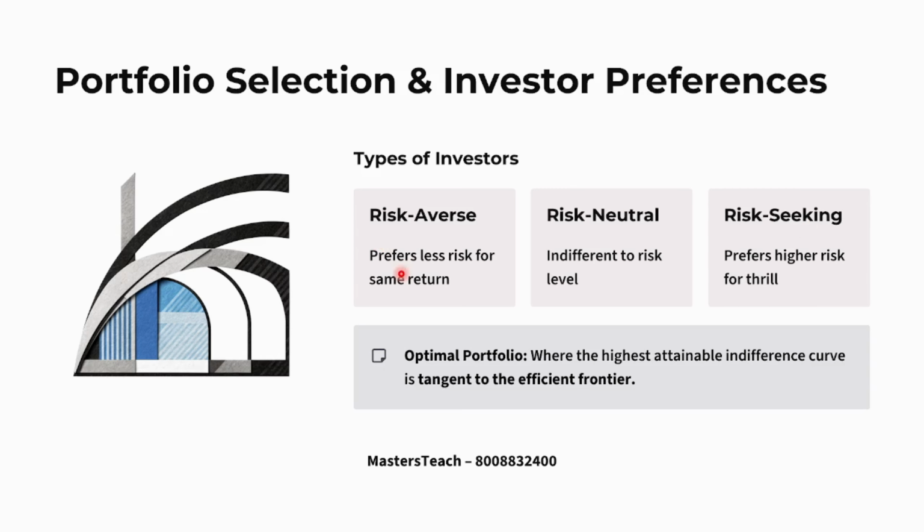Risk averse means prefer less risk for the same return. Risk neutral means indifferent to risk level. Risk seeking means prefer higher risk for thrill. So the optimal portfolio is where the highest attainable indifference curve is tangent to the efficient frontier. Just remember these three things and write.